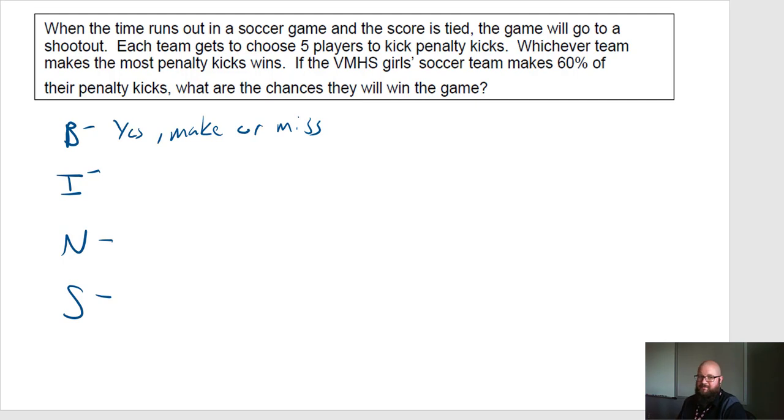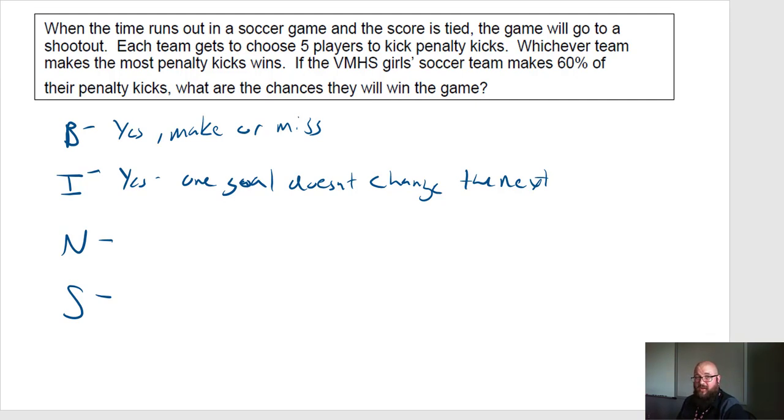Now, the I, independent: does one goal kick tell you what's going to happen to the next goal kick? Does that change what's going to happen? No. So they are independent, yes. One goal doesn't change the next. And our n for a set number, right?